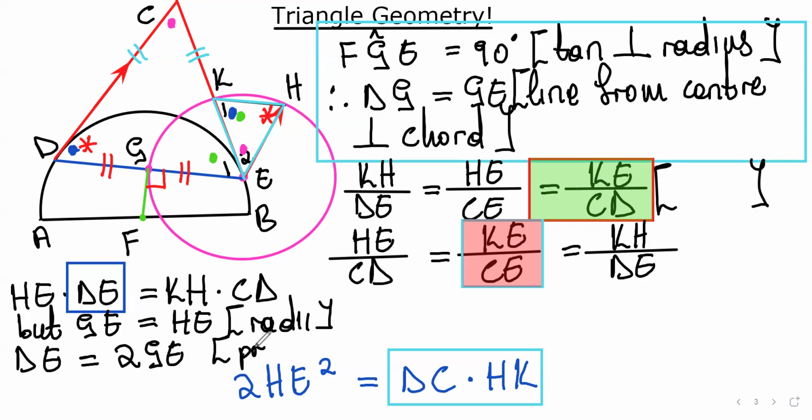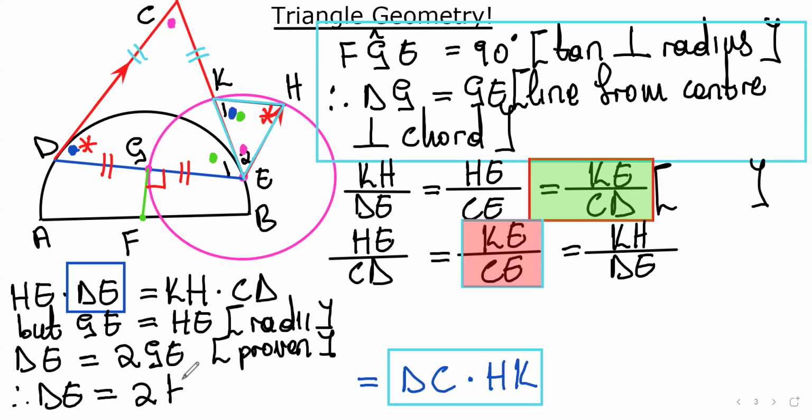Well, this one was proven. When we proved that DG is equal to GE, we were also proving that DE is twice as much GE. It stands to reason. So then this means our DE is twice as much HE. That's the connection we needed.